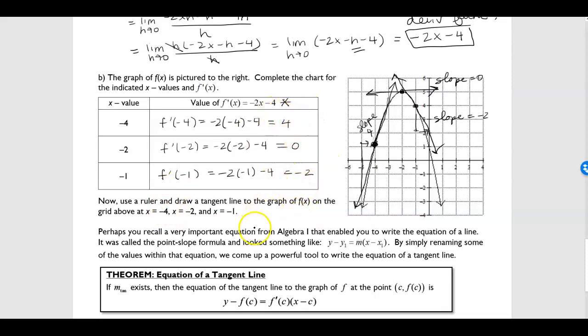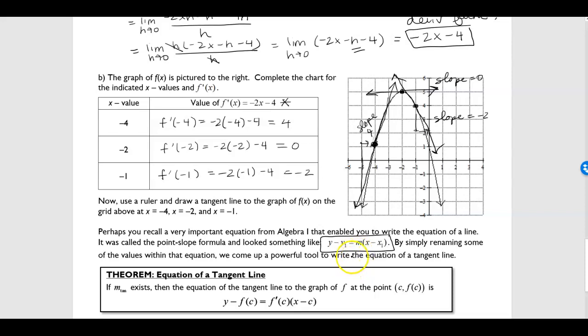Now the next thing that we're going to do, just add on a little bit more complexity, is find the equations of those tangent lines. In order to do that, we're going to use the point slope formula. So remember from algebra 1, algebra 2, etc., the point slope formula is y minus y1 equals m times x minus x1.